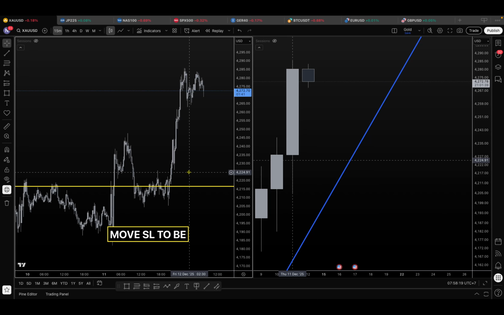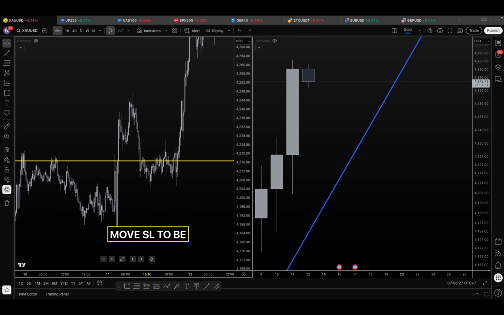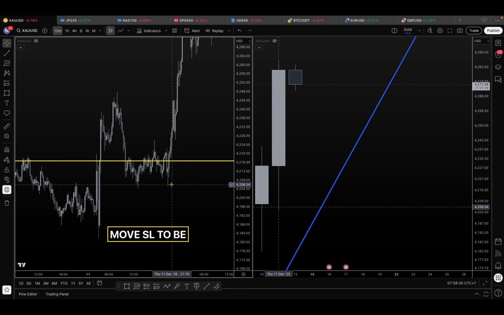Another thing that I regret from this trade is that my entry could be a little bit better.